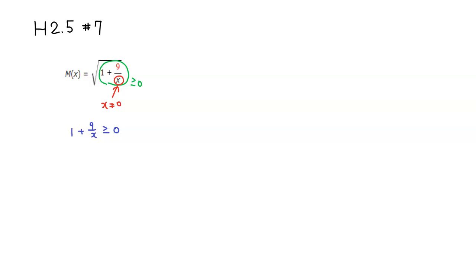Then I'm going to rewrite this by taking a common denominator: x over x plus 9 over x is greater than or equal to 0. So we're going to draw a number line again, x. Set the numerator equal to 0, so you get negative 9, and set the denominator equal to 0, you get 0.